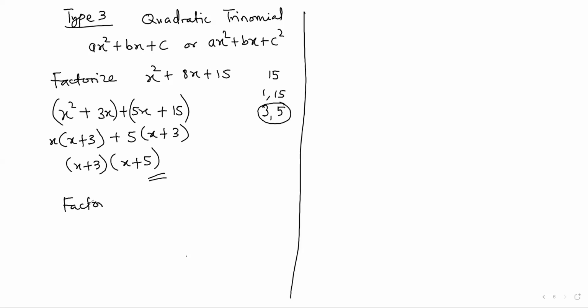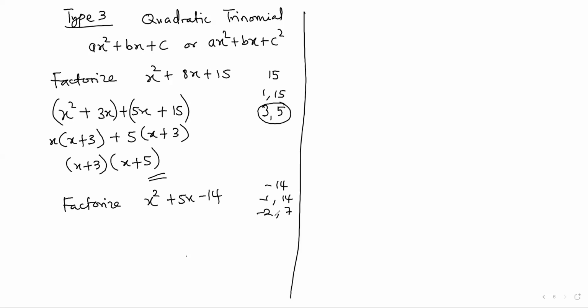Factorize x squared plus 5x minus 14. So once again, the coefficient is 1. So 1 times minus 14 is minus 14. Then the factors of minus 14 will be negative 1 and 14, then we also have negative 2 and 7.